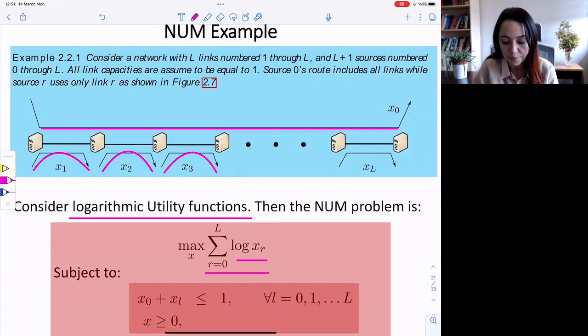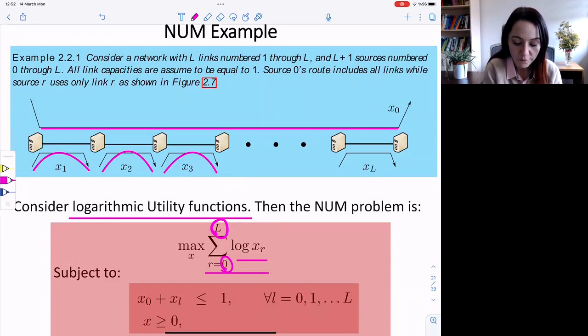And how many choices do we have for the rates of sources? Well, we have a total of L plus 1 sources numbered from 0 up to L. Right? So L plus 1. Subject to the following constraints.